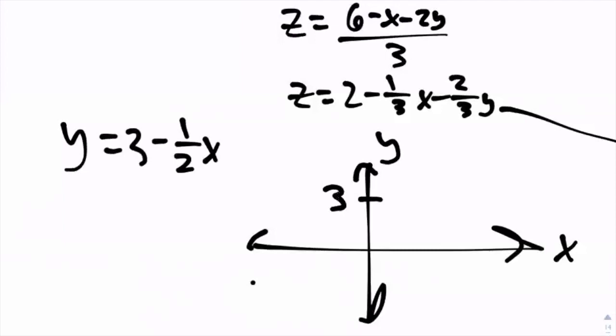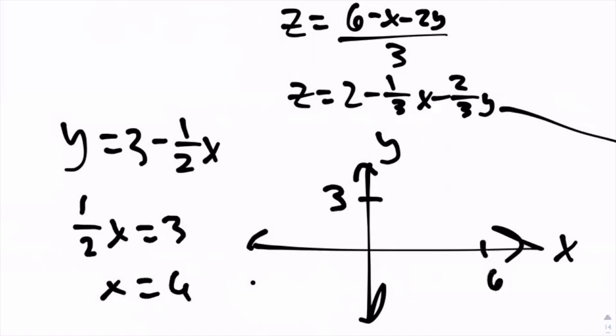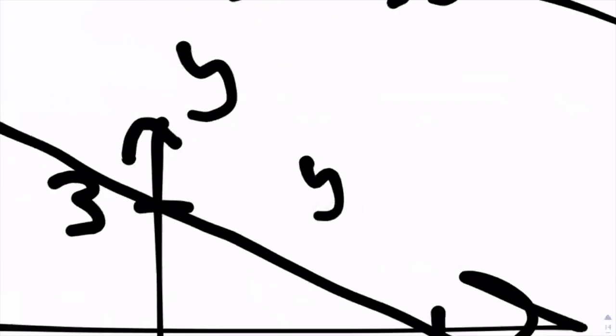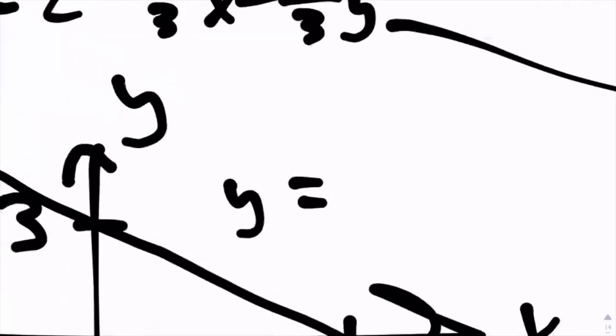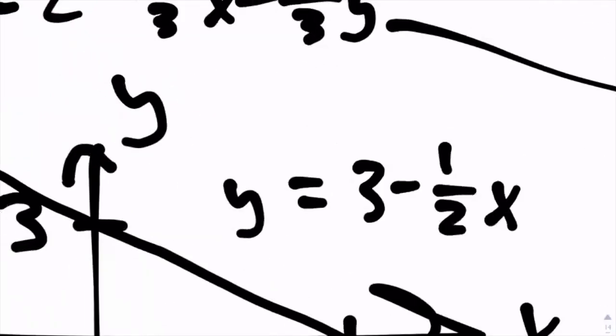And then setting y equal to 0 to get the x-intercept, we have 1/2 x is equal to 3, x is equal to 6. So we have 2 points, (0, 3) and (6, 0), which is all we need to draw a line on the xy plane.